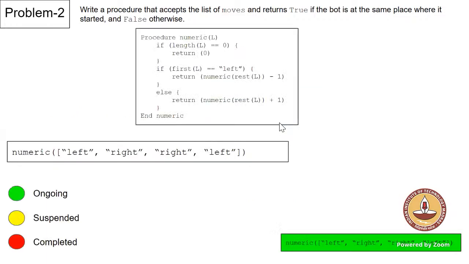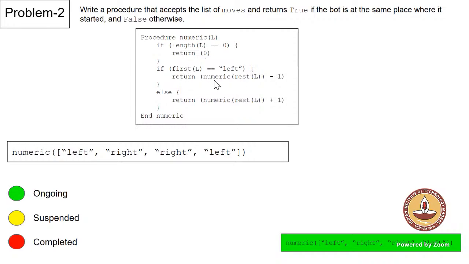It is also a recursive procedure. Numeric is a recursive procedure. Why is it recursion? Because in each iteration we are not iterating actually; we are calling this function over the list again and again. The only thing that is changing is the data passed to the numeric function.